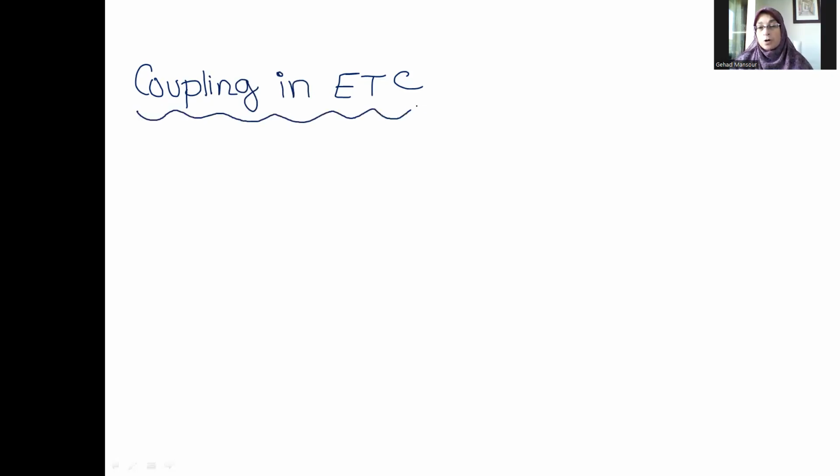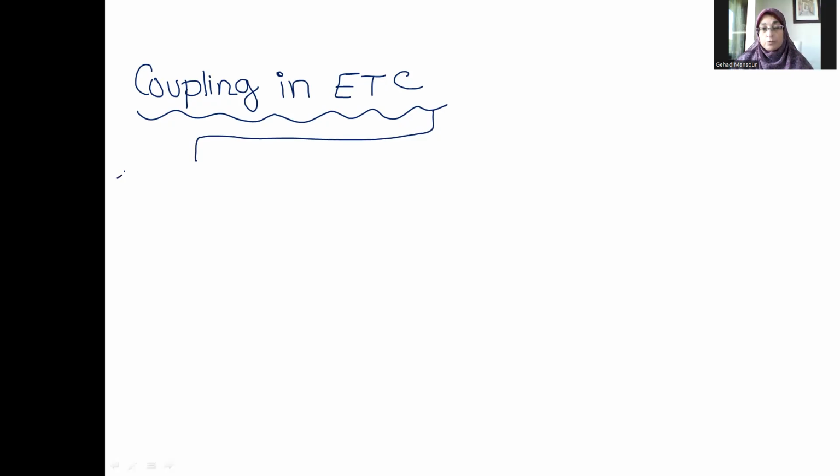When we talk about the electron transfer chain, there are three types of coupling. So here we would summarize and say: coupling processes along the electron transfer chain.